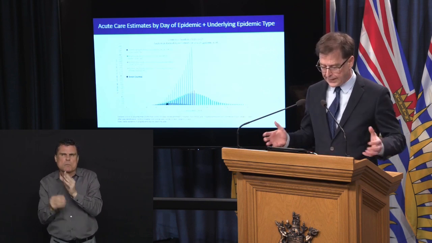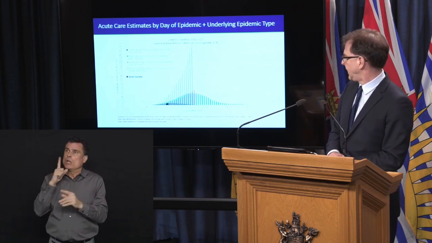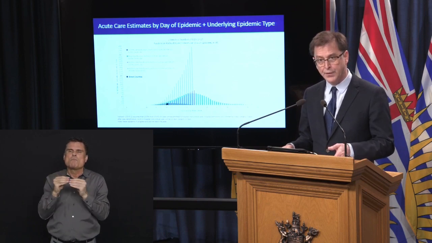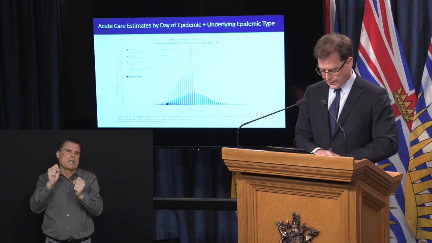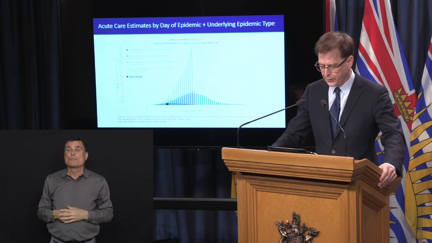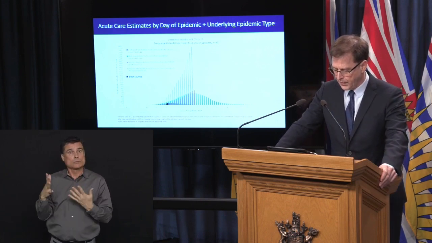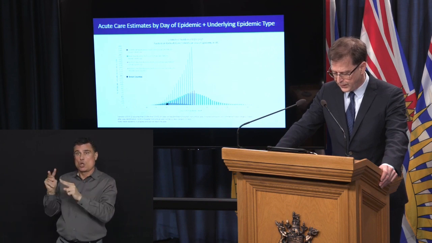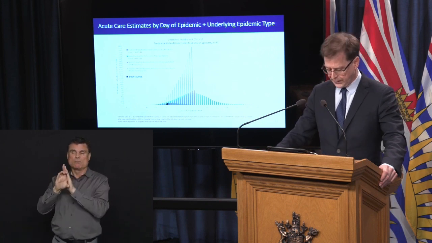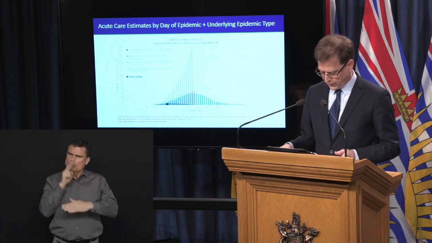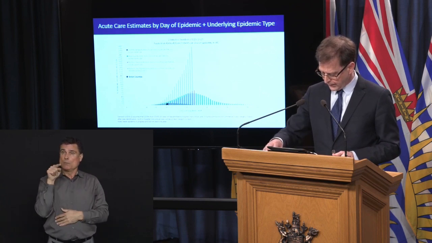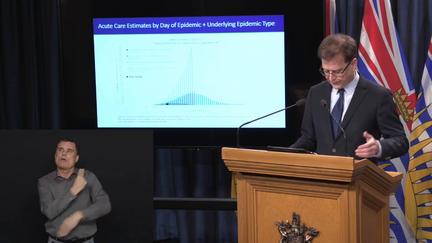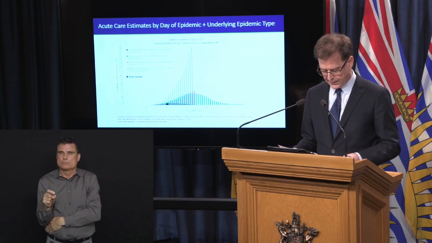I'm going to move on to the second category of patients, the patients who are in acute care but do not require critical care, based on the four models we're using here. You'll find that the expectation here assumes that 13.8% of all COVID-19 cases will be admitted to hospital. The admissions will commence five days, and the range is 2 to 7 days, after case identification.